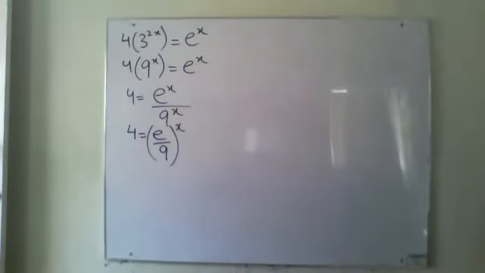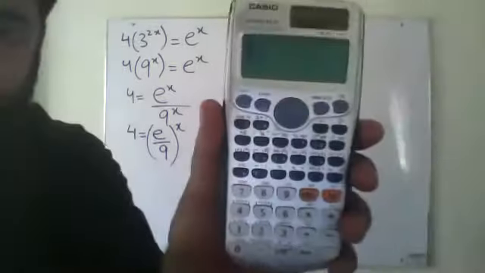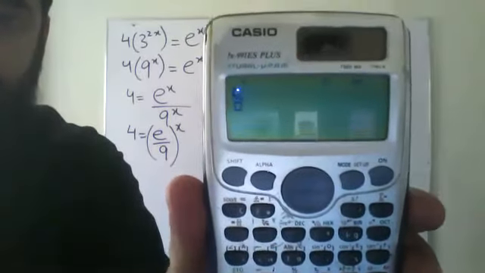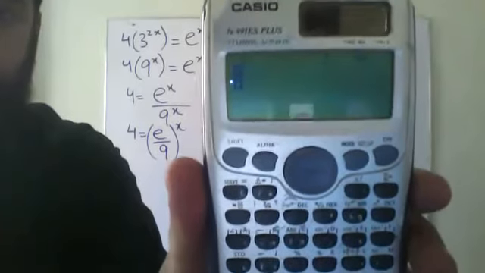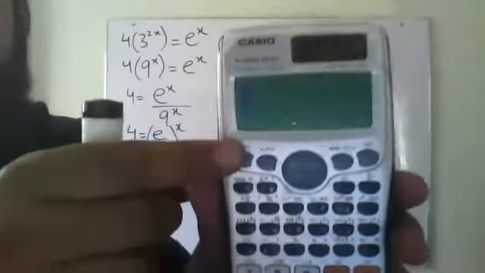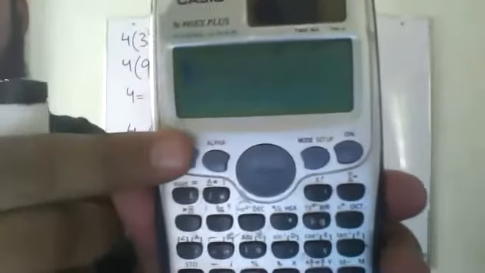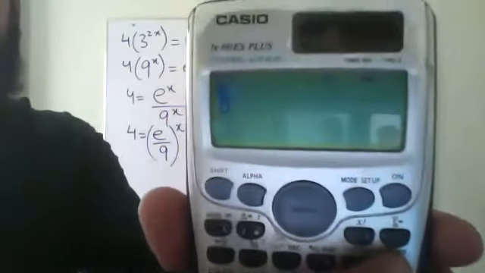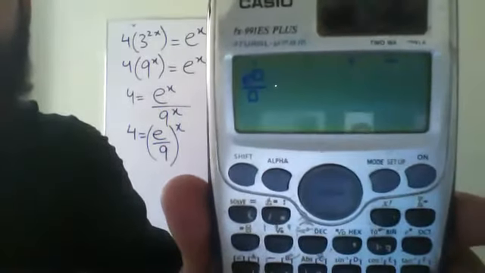Now I am going to write it in my calculator. See, first of all, I have got the fraction sign over here. After this, see what I am doing. I am pressing shift and then the ln button, and I have got e over there.